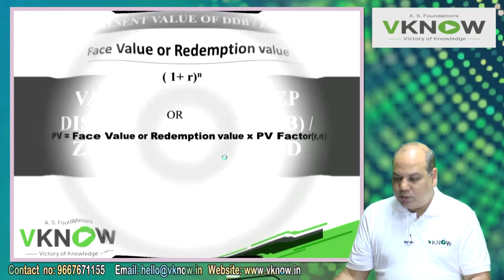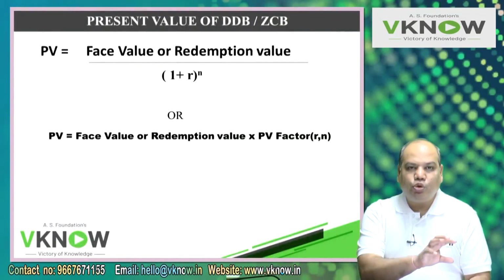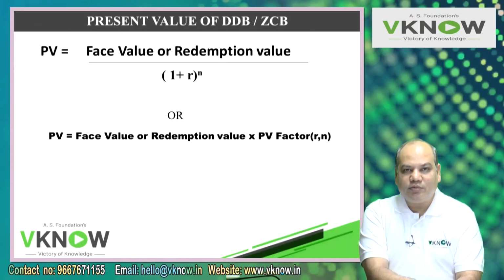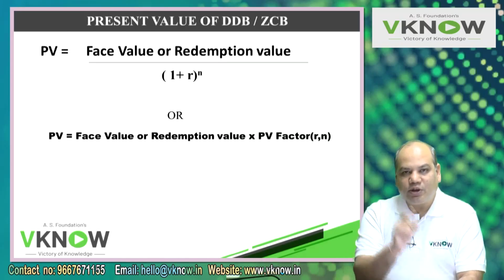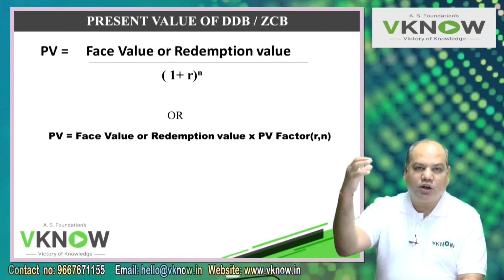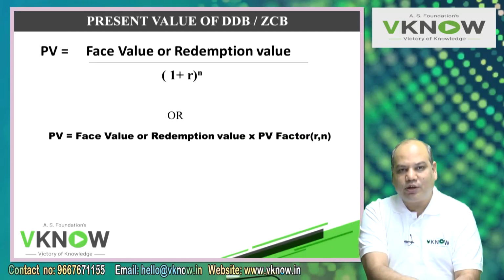What is the important feature of ZCB or DDB? No coupon is paid during the life of the bond. Directly the principal amount is paid on maturity. Is it right? So there is only one cash flow which occurs at the end of that bond's life.